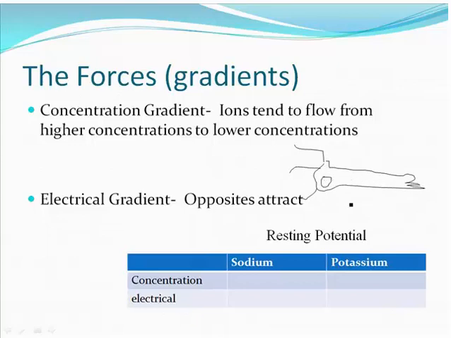We know that inside during resting potential it's negative 70 millivolts. And we know that K is trapped on the inside, and Na is more concentrated on the outside.